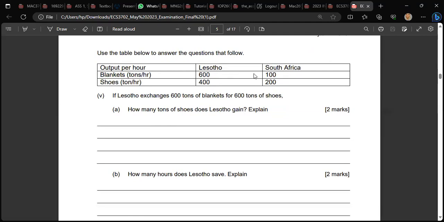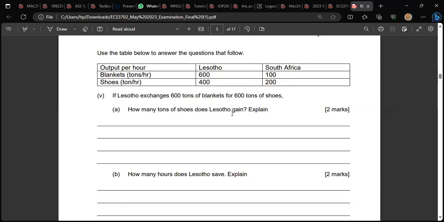So what would work here, obviously, would be the theory of comparative advantage if trade is going to take place. But in terms of absolute advantage, you just can't trade.